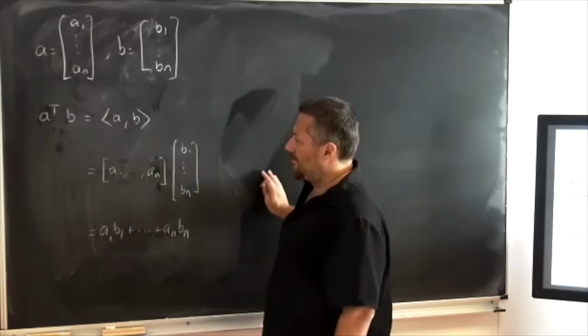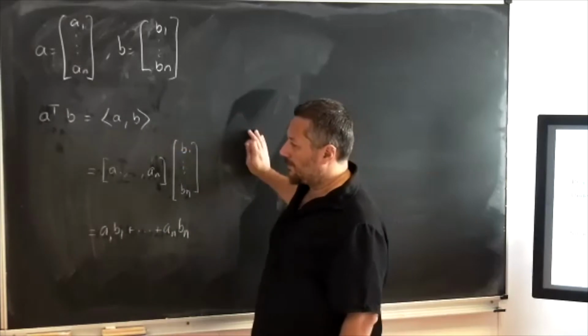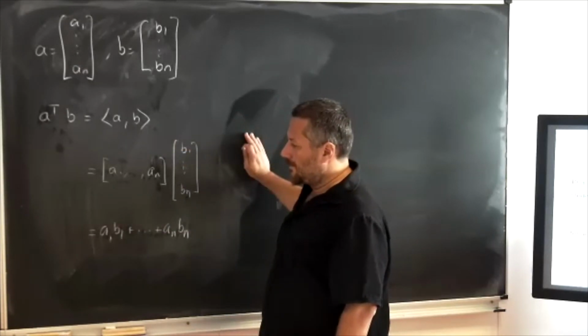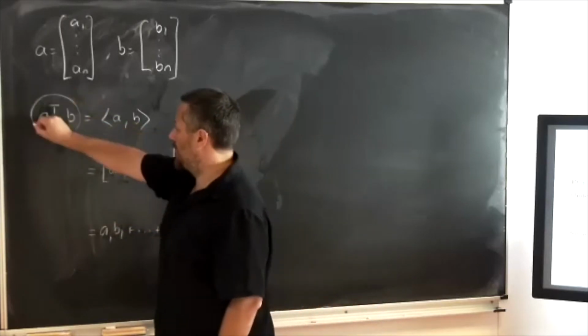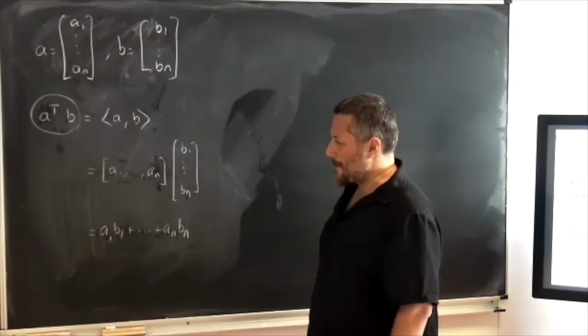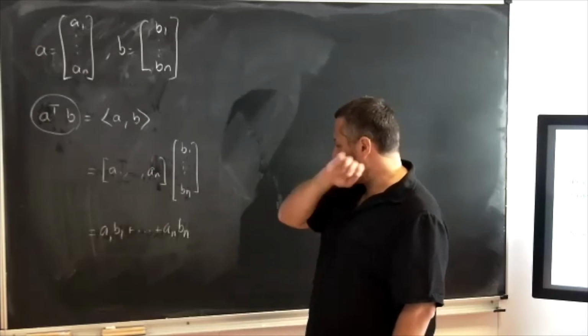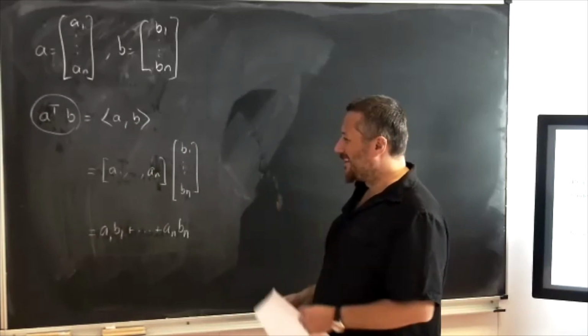So it just denotes the inner product of these two vectors. I'm going to stick with this notation. I think it's a more popular notation in this area.